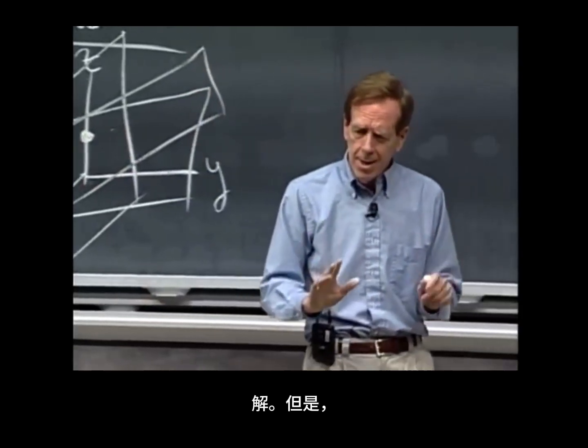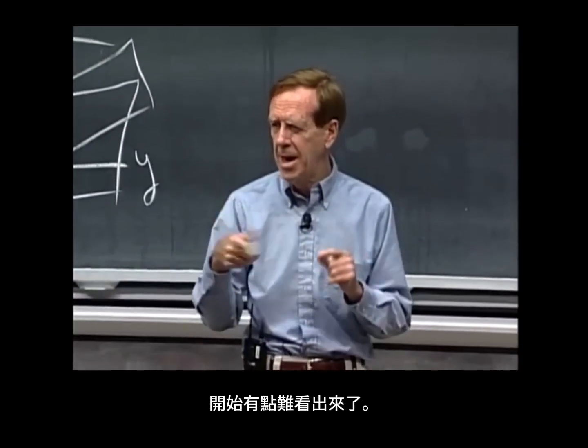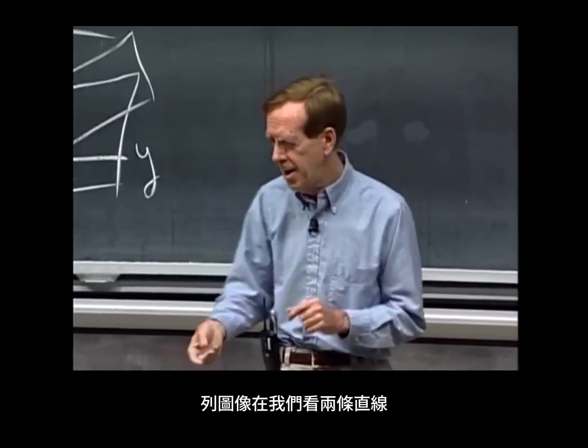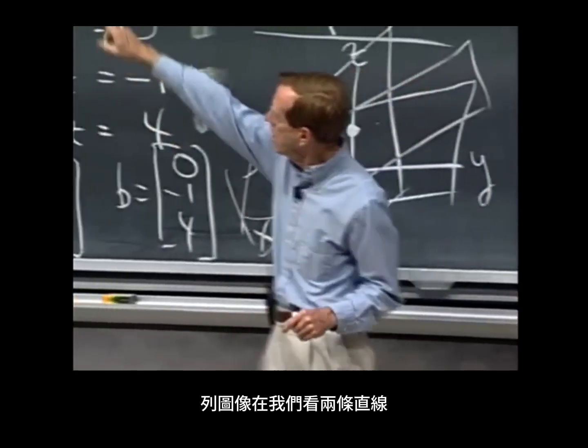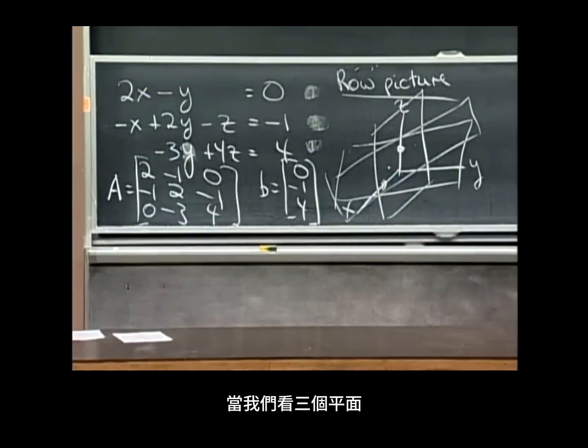But maybe you can see that this row picture is getting a little hard to see. The row picture was a cinch when we looked at 2 lines meeting. When we look at 3 planes meeting, it's not so clear, and in 4 dimensions, probably a little less clear.